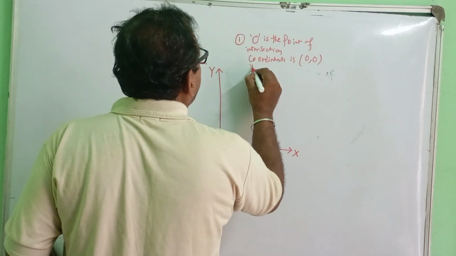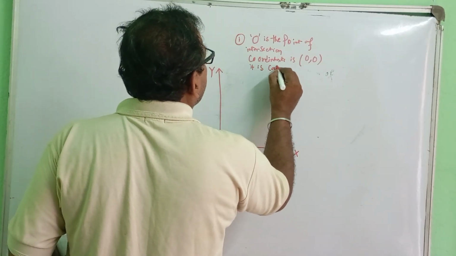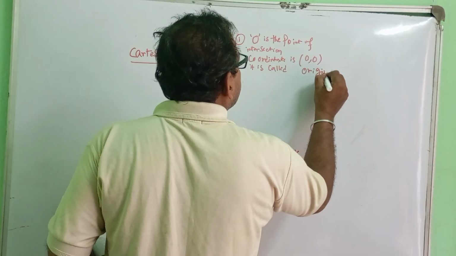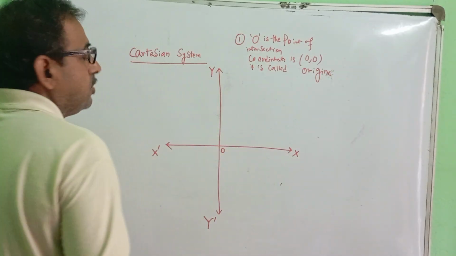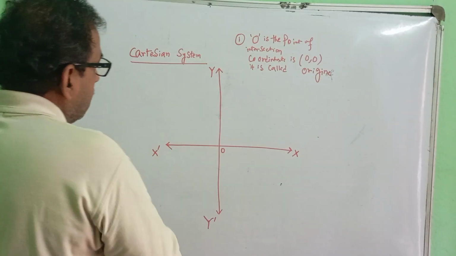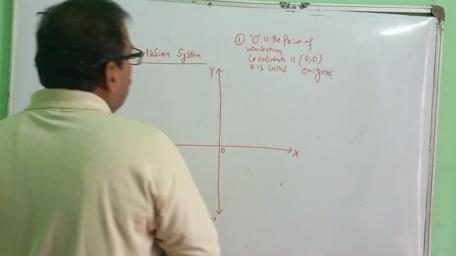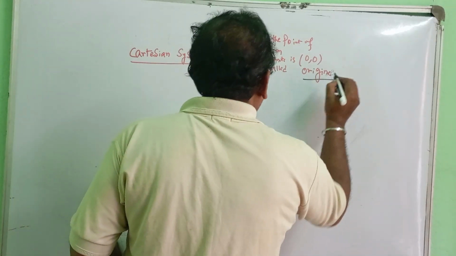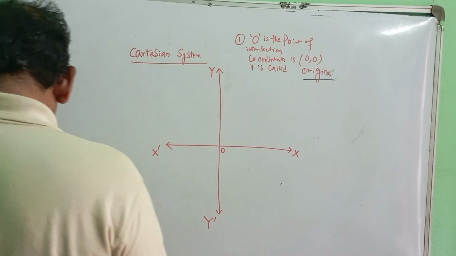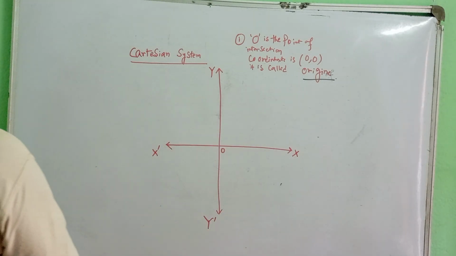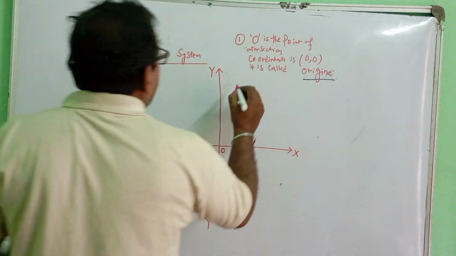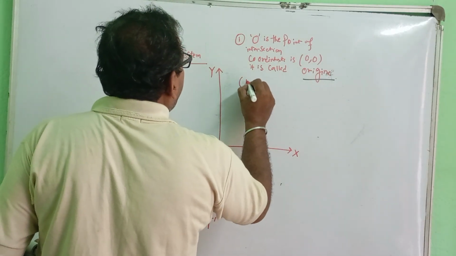It is called the origin. Now this is clear. What is origin? So this point O is called the origin.